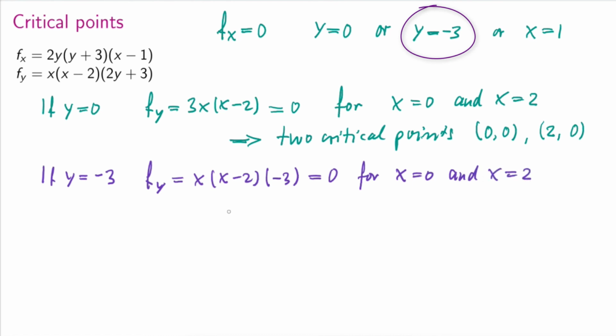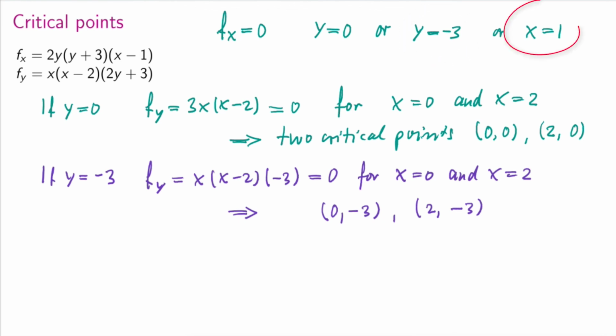So we find two more critical points. x is 0 and y is minus 3, and x is 2 and y is minus 3. At this step it is easy to mix up x and y's. x is always the first entry, y is always the second entry. So these are two more points which we find.